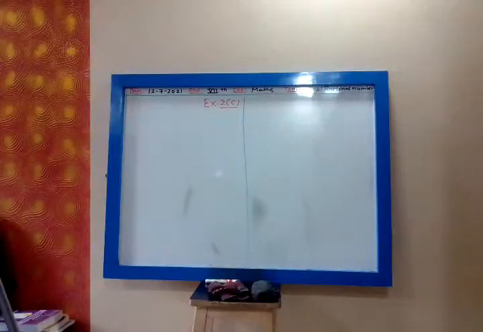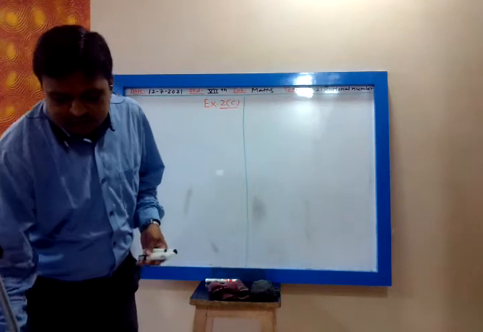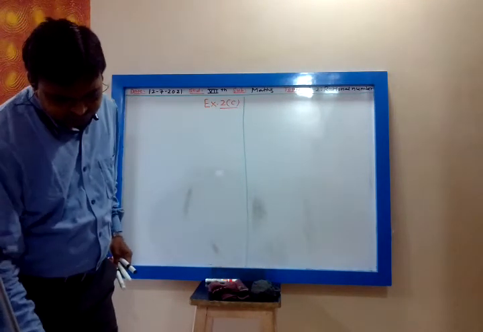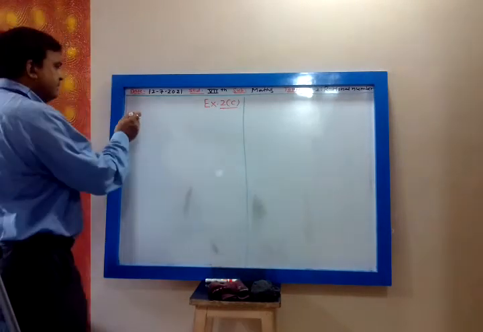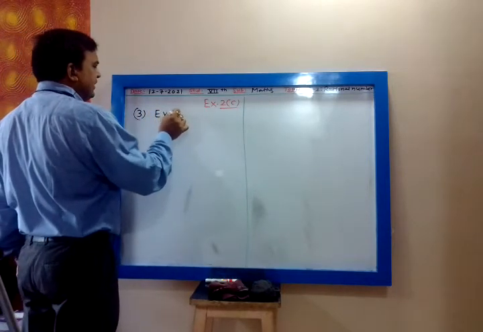I have marked you present. Now 2C, which part have we done? Third part, or second part? Yes, third part. Tell me how much we have done. We have done up to second, no?